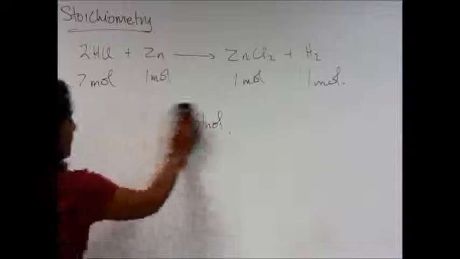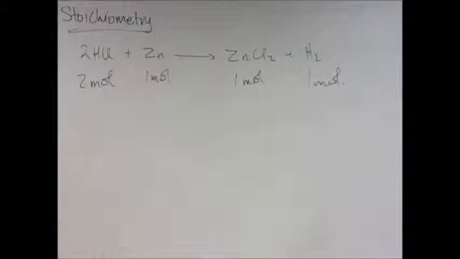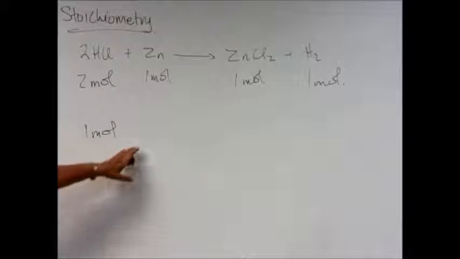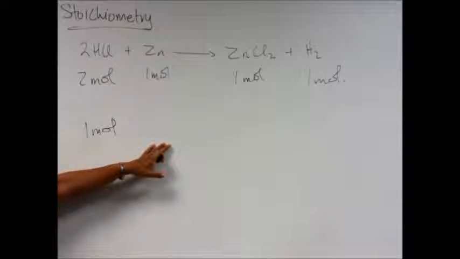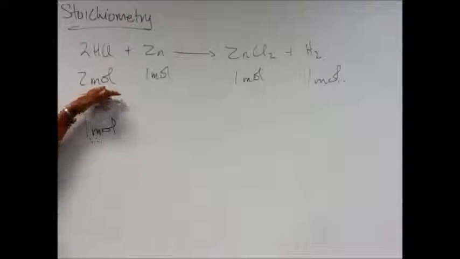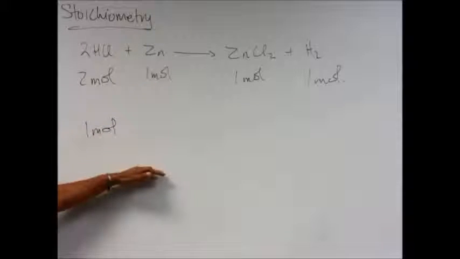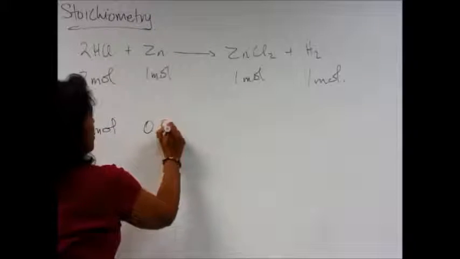All right, I'm going to take it very simple first. Before we get into grams, I'm going to get into mole ratios, and hopefully this will help a little bit. If I use 1 mole of HCl, how many moles of zinc do I need? Half of that, right? Because I just have this. So if I have this one, then I also have to have this one, because that's the mole ratio.